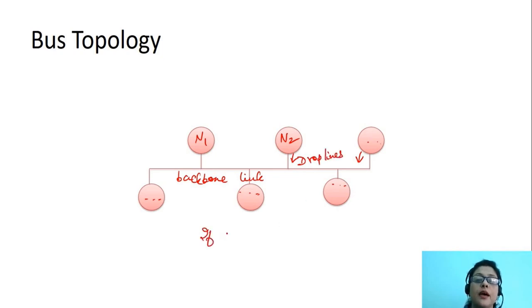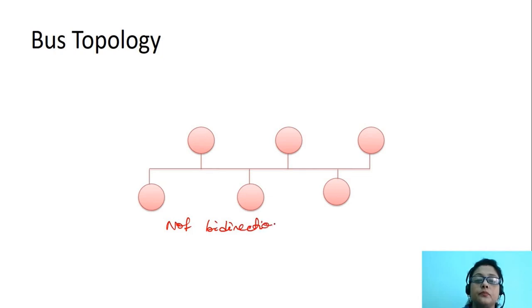So if we have n number of nodes, then n number of drop lines are there and one backbone link is there. So this is not bidirectional, and communication takes place through this backbone channel.